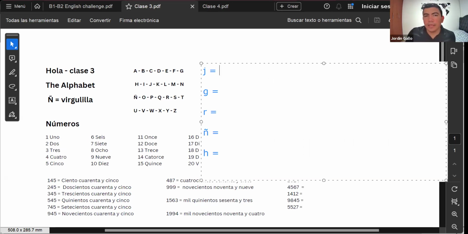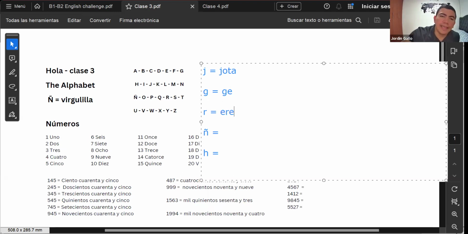So this one is going to be J, J, J. It's like the sound of the H sometimes in English. This one is a different letter, but it has the same sound here. G, G. So we say J, G.